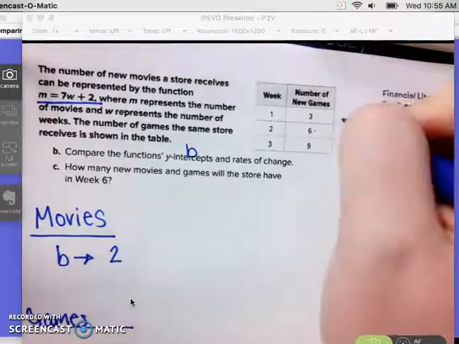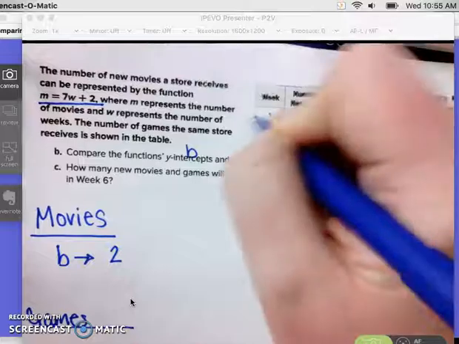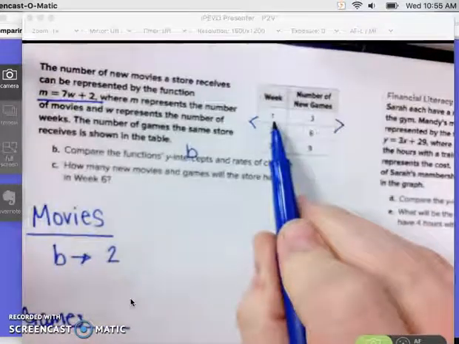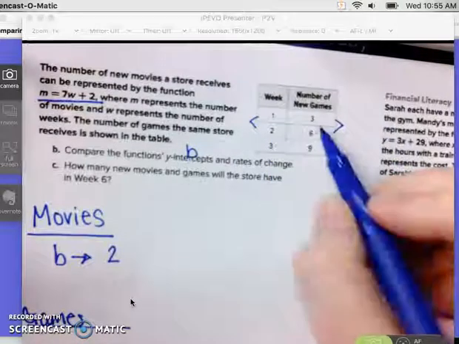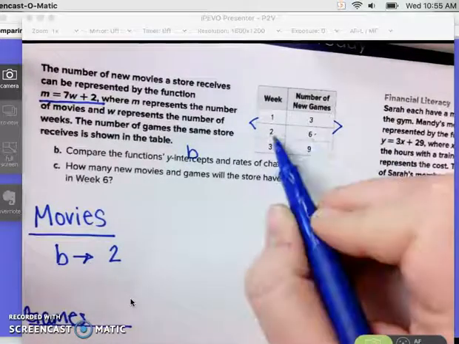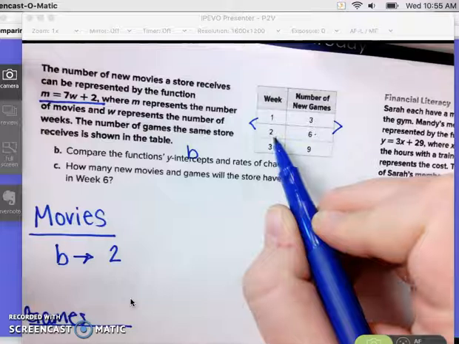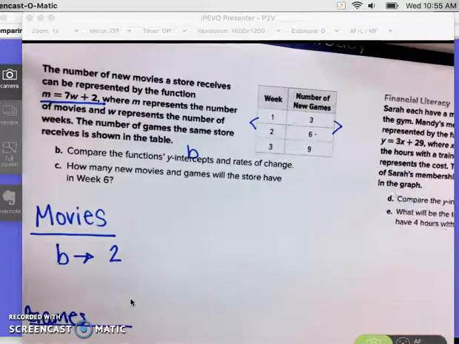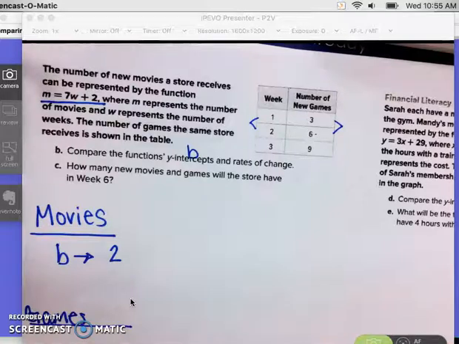Okay, so here, if we look, we see that 3 divided by 1 is 3, 6 divided by 2 is 3, 9 divided by 3 is 3. So if we divide our y divided by our x and we get all the same number, what is that called?